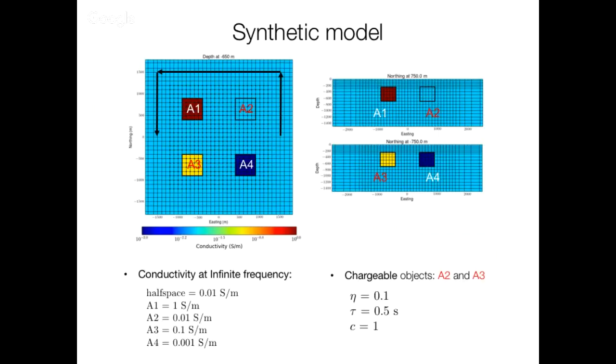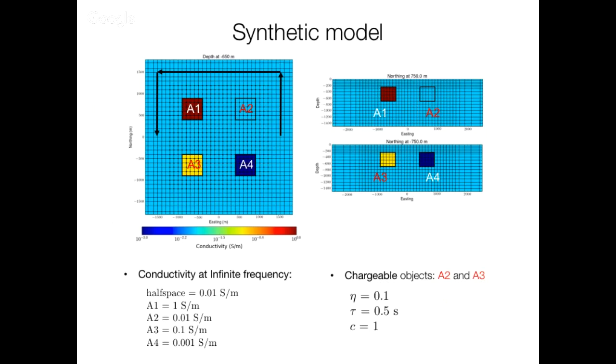So here's a synthetic model just to show how that could potentially work. There are 4 conductors in here. There's A1, which is very conductive, A2, which is 0.01, A3, 0.1, and A4, which is resistive.